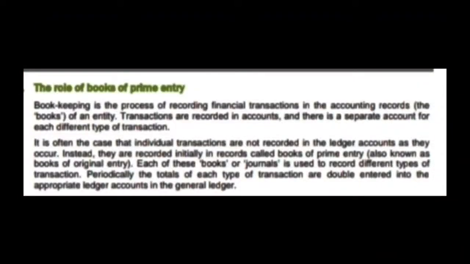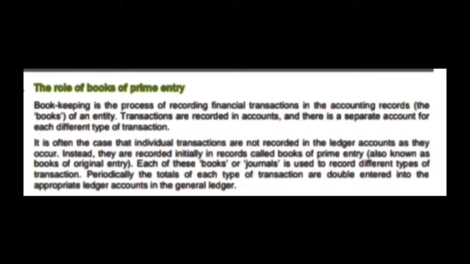So, the role of books of prime entry. Bookkeeping is the process of recording the financial transactions into the records of the entity. Now, the transactions are recorded in the accounts, and there is a separate account for each and every transaction. Now, the individual accounts are not recorded in the books.